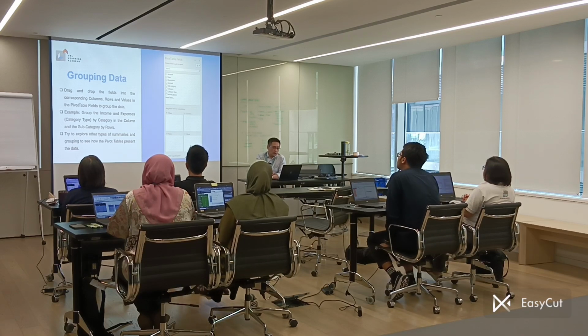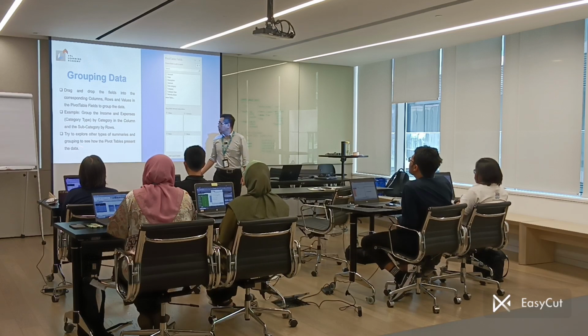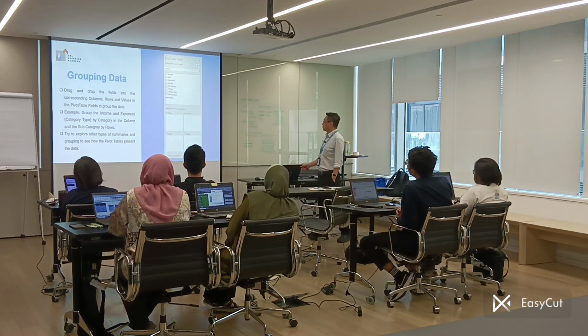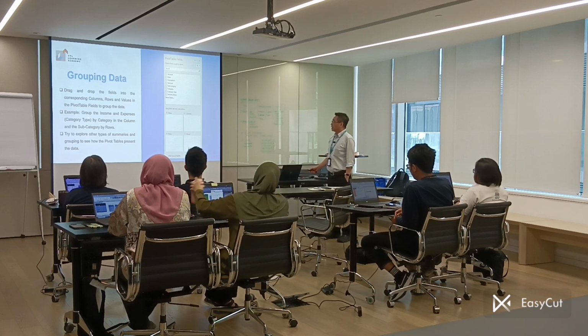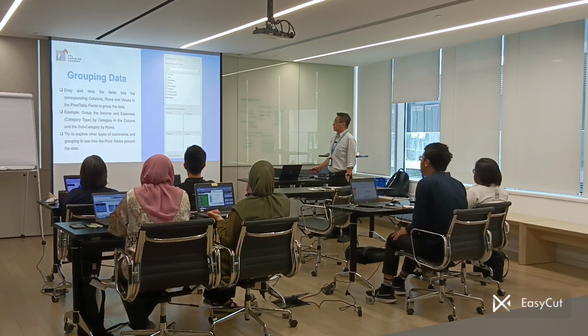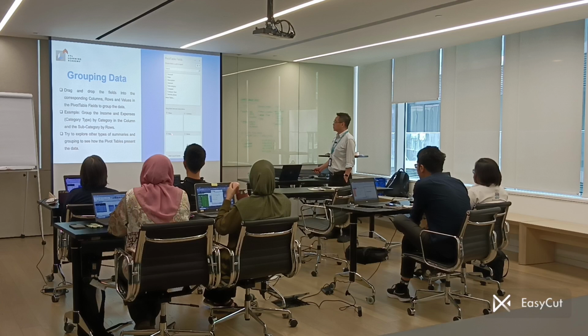Like you already know, you can drag and drop the fields from here into the different column, filters, or row. For example, we can group the income and the expense category type into the column, and then the subcategory rows into the rows.